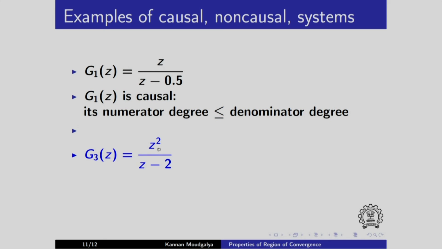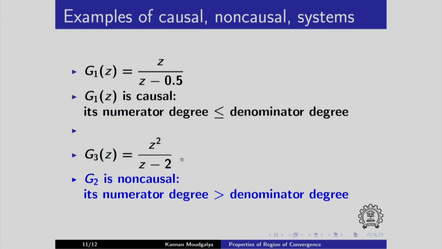Let us take another example, G3(z) given by z squared, and we see that the numerator degree is 2, the denominator degree is 1, it is non-causal. Alright, we will consider an example of causal systems later. We will show, when we have a causal system like this, how to express them as a linear time invariant system. We will see that later.